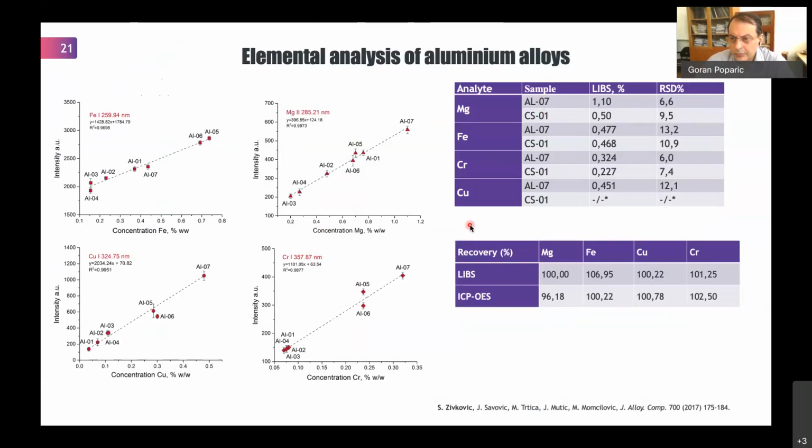Furthermore, we wanted to see whether there is a difference in accuracy between the LIBS method and the standard ICP-OES analysis method, and we got great agreement between them.